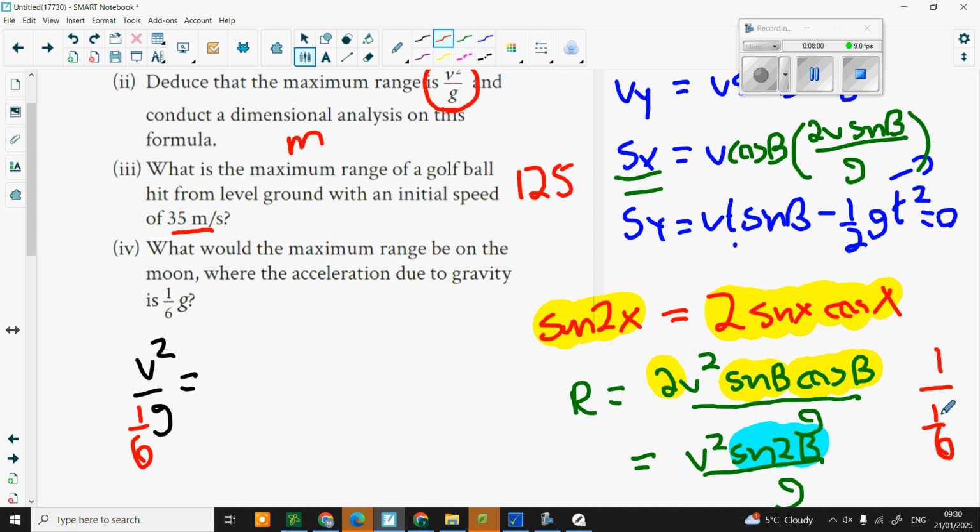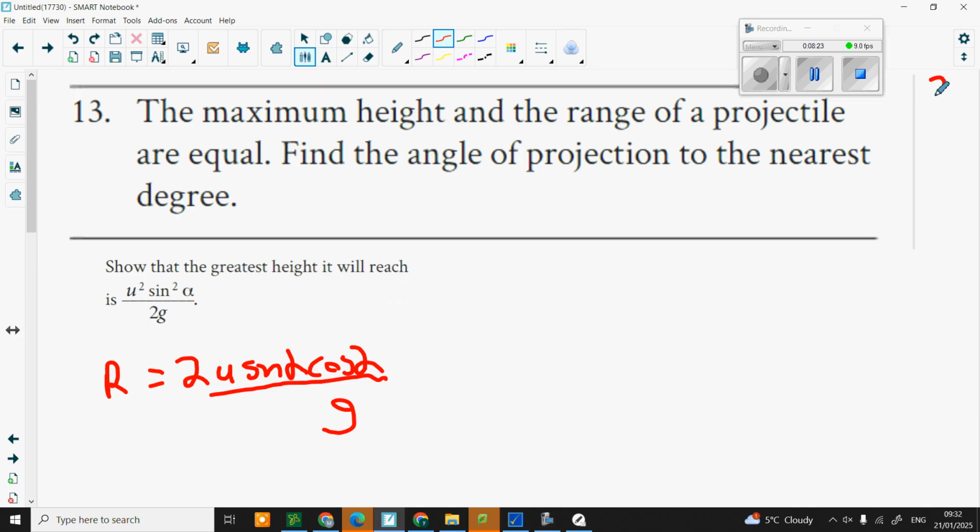How many times can I fit a sixth into 1? 6 times, isn't it? So I can just get rid of the 6 in the bottom and put 6 here. It's 6 times bigger. So what can I do with that last answer? Make it 6 times bigger. What do you get? 750 meters, yeah?